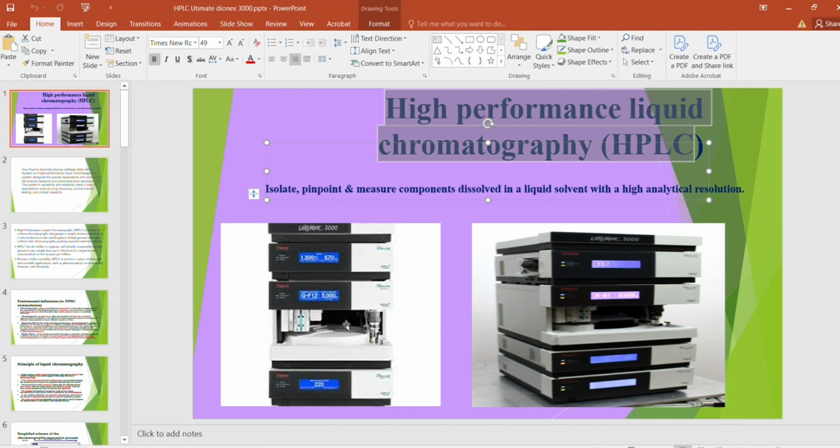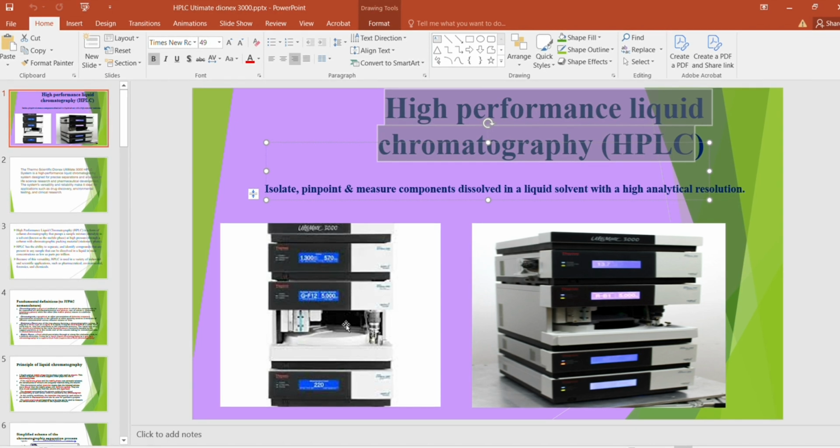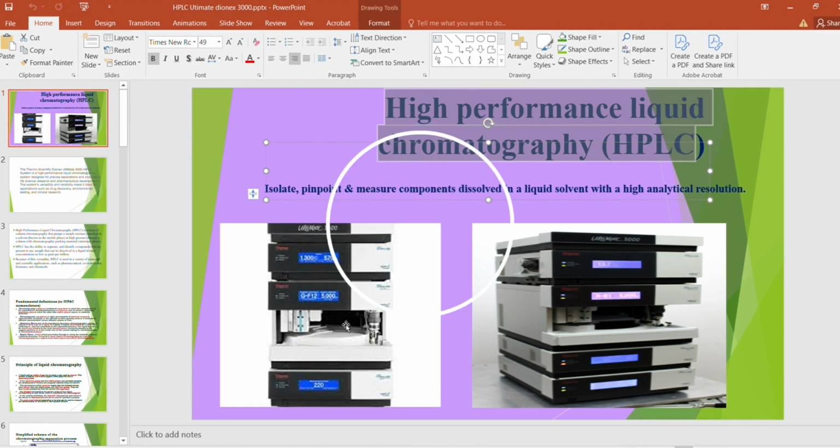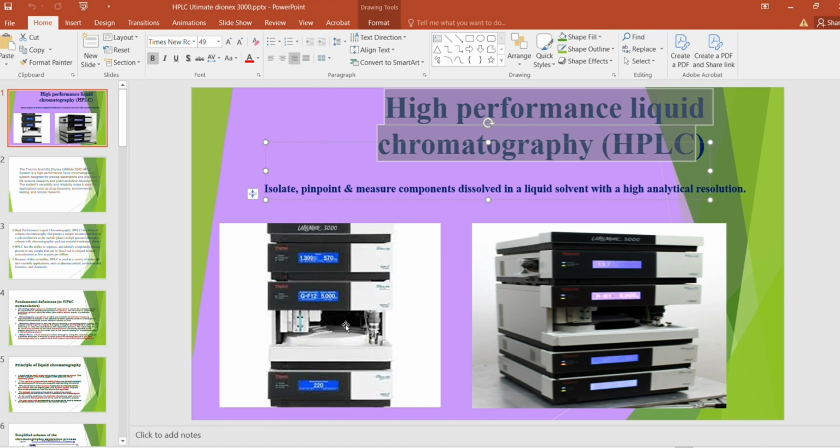Usually a stationary phase has silica or solid particles, and the mobile phase here is polar or non-polar depending on the type of analyte, or the compound which we are analyzing. Now the principle here is the specific intermolecular interaction between the molecules of a sample and the packing material inside the column, either silica, cellulose, or any other kind of particles.